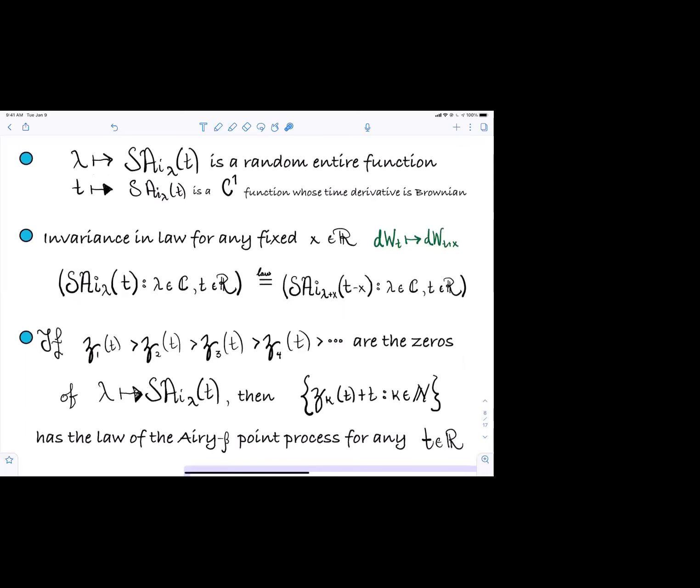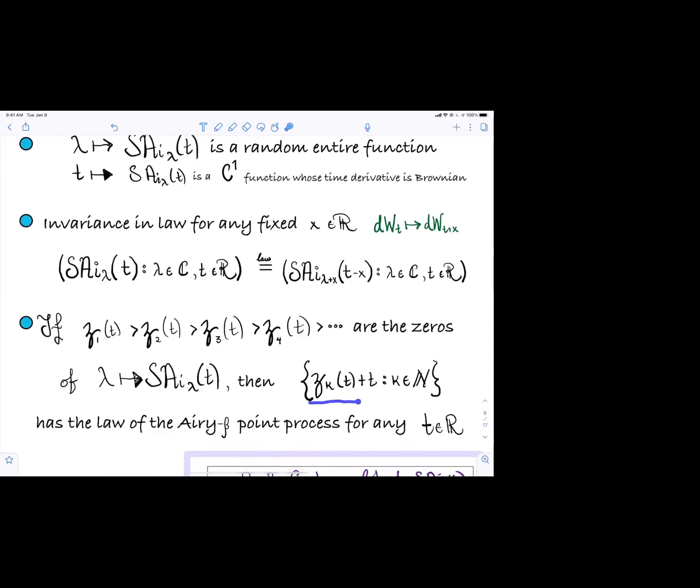If you take the zeros, z1, z2, z3, etc., which are functions of t, as the zeros of this map, where lambda maps to the stochastic Airy function of lambda, t, then this collection, zk of t plus t, and it has to be this plus t. So that's, I promise, set up in such a way to respect this invariance in law property.